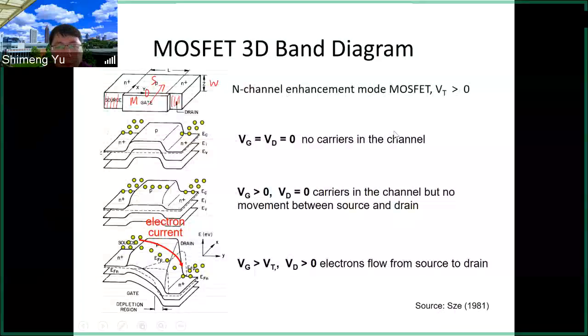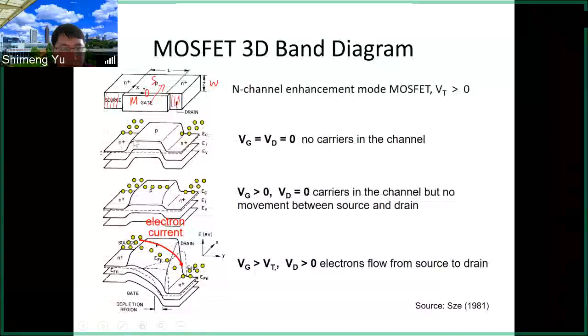So here, let's show the band diagram at the equilibrium state, where the gate voltage and drain voltage both are 0. So in this case, from the source to the drain, we have the NPN kind of doping, and we discussed in lecture 7. It's more like two back-to-back PN junctions.